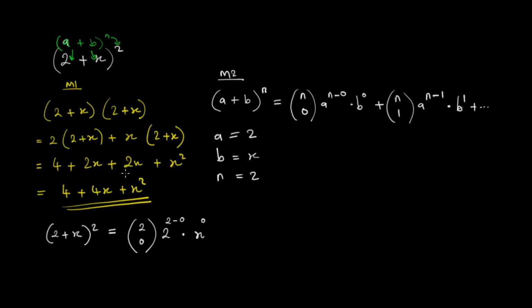So please learn it. Nothing is learned for free. So we have plus 2 choose 1, 2 to the power 2 minus 1 multiplying x to the 1, plus 2 choose 2, 2 to the power 2 minus 2 times x squared.